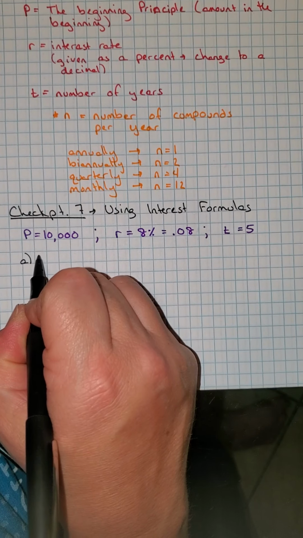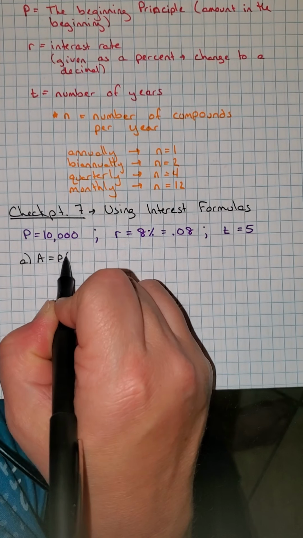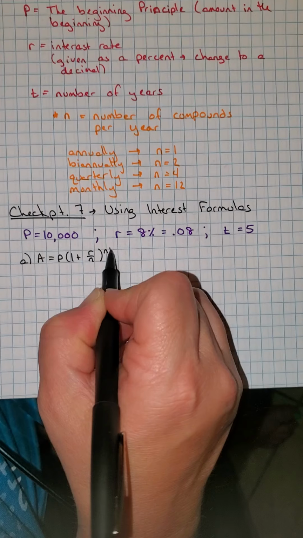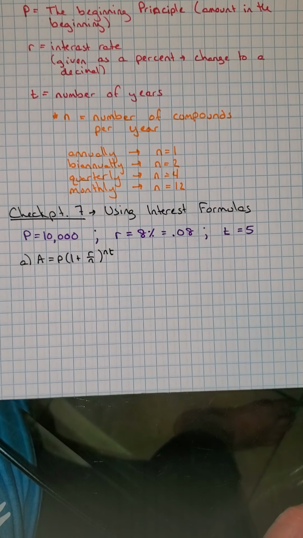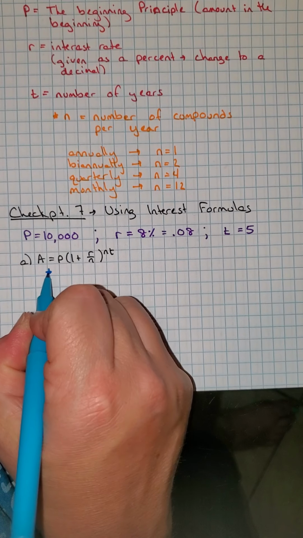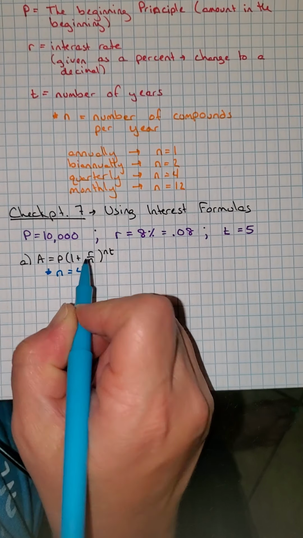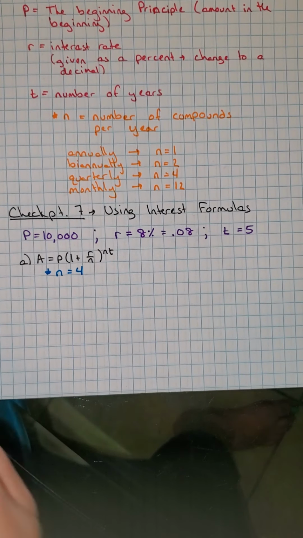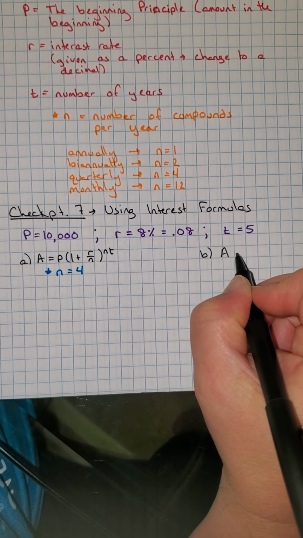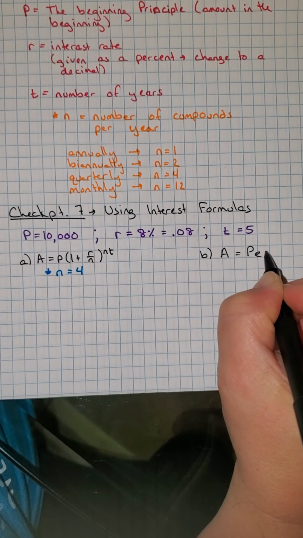So that means for A, we use A equals P times 1 plus R over N to the NT. And then it's quarterly compounding, so N will be 4. For B, we're going to use A equals PE to the RT.